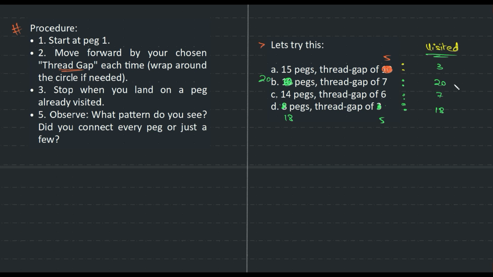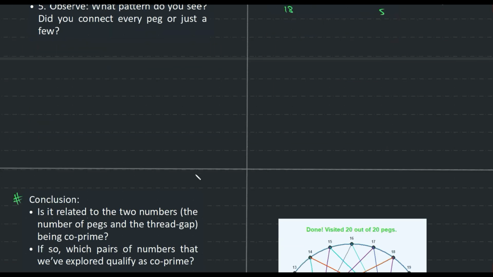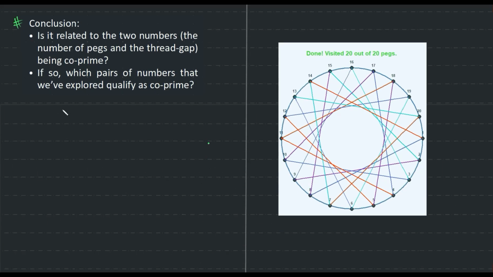Yes, the ones wherein we visited all the pins are the numbers which are co-prime. So like example over here, I don't know what is the gap, so let me see. So we have 20 and the gap was I think 7.